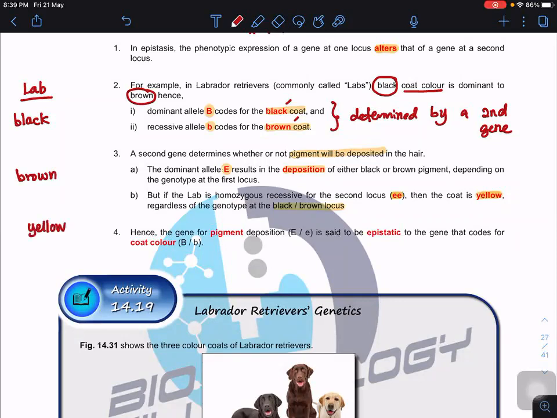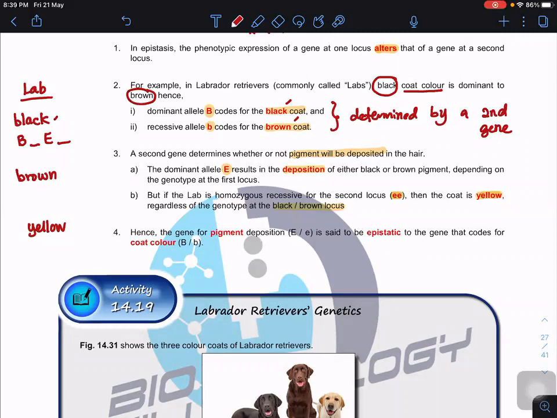So in order to get black color, it means that they must have at least one dominant allele for B. The second one is totally free. It can be a dominant allele, it can be a recessive allele, because big B allele is going to mask the effects of the recessive allele. But in order to get the black color to be deposited, I need to have the E allele to be expressed. So this is the general genotype for the black color.